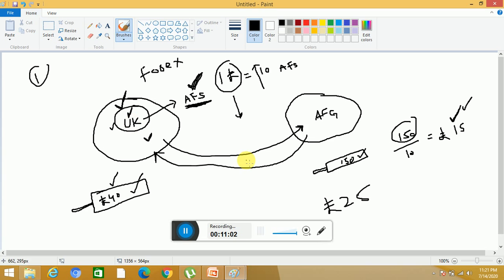Now, what will happen? Here in Afghanistan, the demand for cricket bats will increase. And here in UK, the demand for cricket bats will decrease. When demand for cricket bats decreases in UK, the price of cricket bats will also come down.